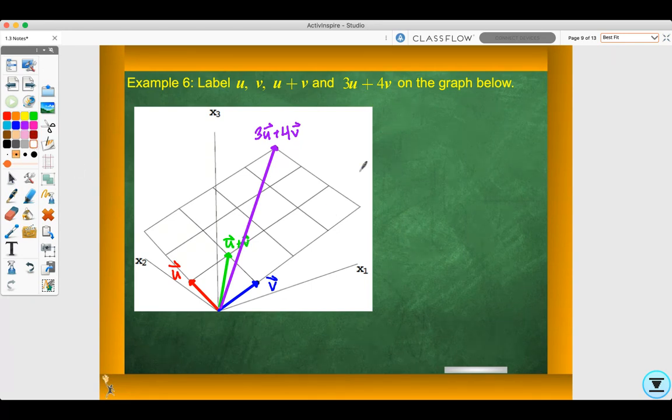And what can you tell me about the span of u, v? It's a plane through the origin, hopefully you're saying. So we know that u plus v and 3u plus 4v all lie on the same plane.